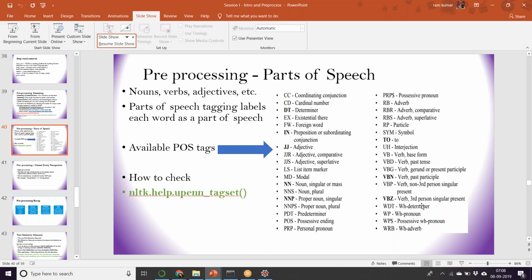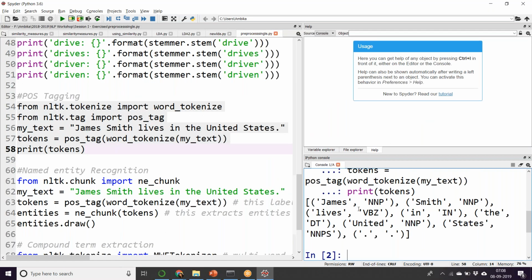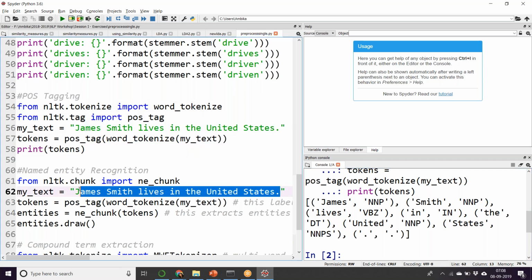Maybe these are all important, because of the third person singular present, if you look at VBZ, there is an example. See, lives is given here. So we are saying James Smith lives. We are not saying it directly. It is a third person singular representation. So this we cannot eliminate. That's the only verb we have in the given sentence. Because when we look at this sentence from a human perception, we have only one verb.